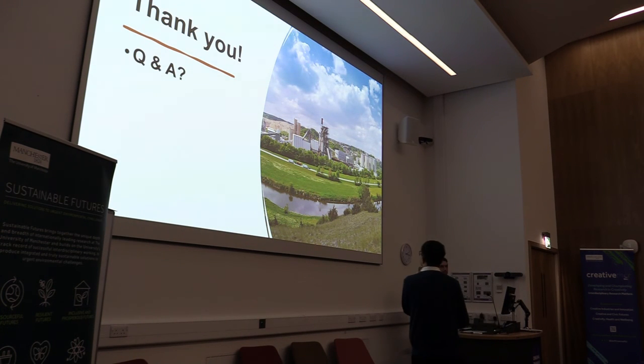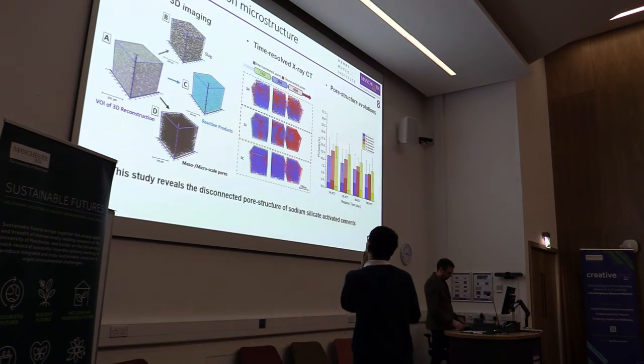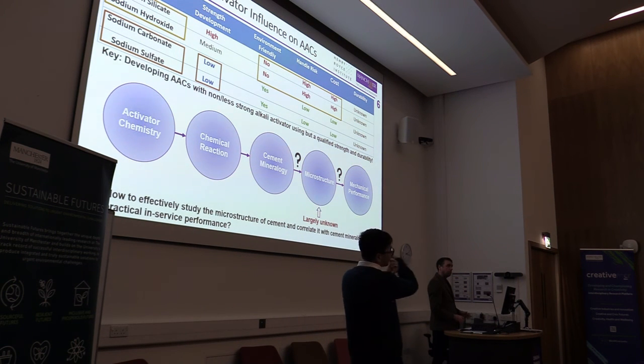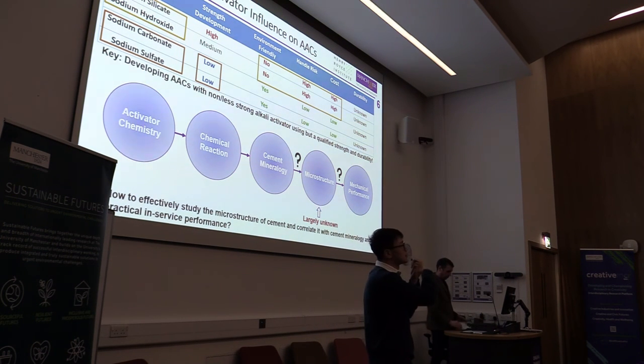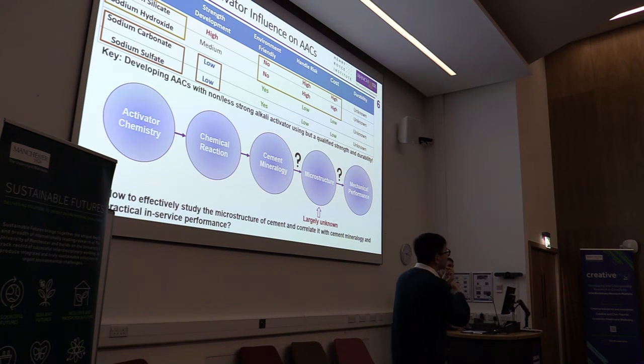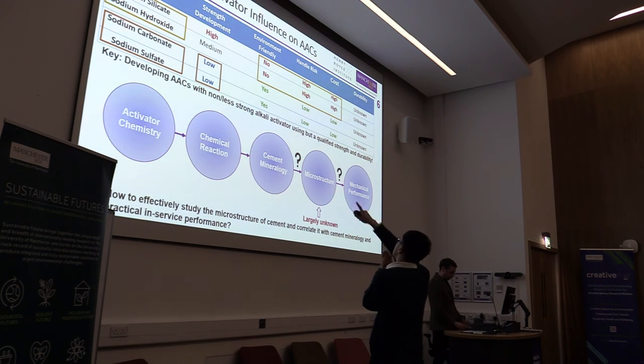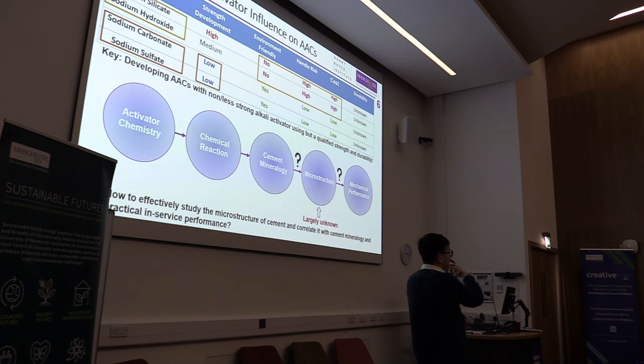Yes, like the pollution, like I said, the alkaline pollution. The main limitation for large-scale use of alkaline activated cement is that the strong alkalinity will lead to some environmental pollution.